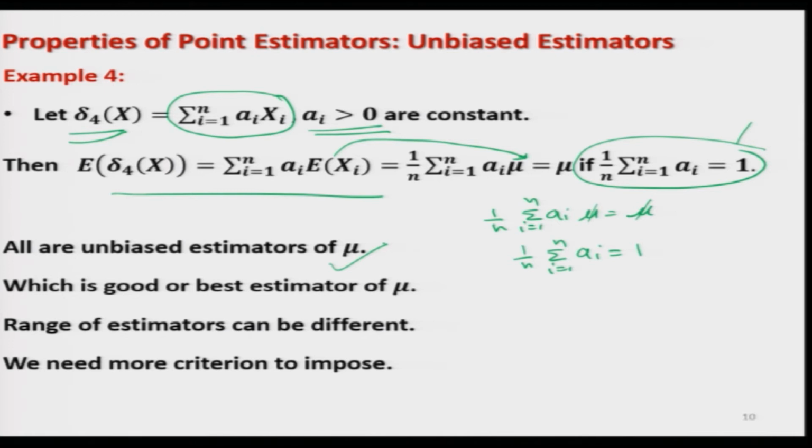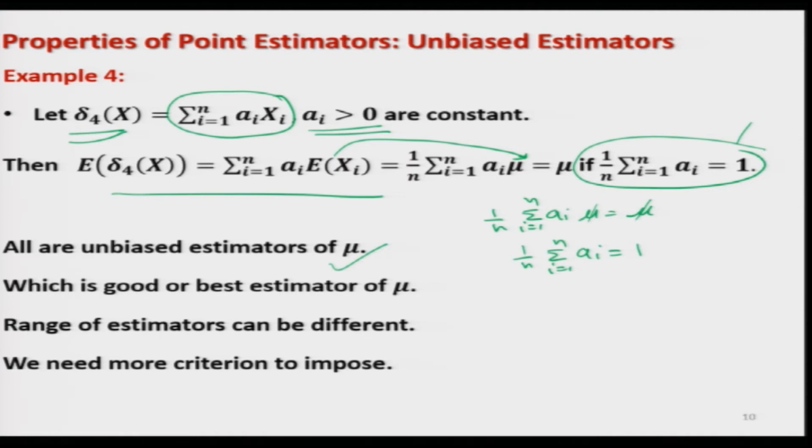Now, the question comes: which of them is a good estimator or the best estimator of mu? What would you suggest to a user who wants to know the value of an unknown parameter mu, which of these 4 estimators can be used that is going to give a good result? So, we have to think something more.